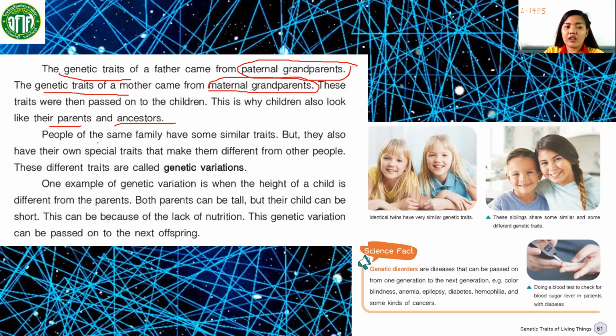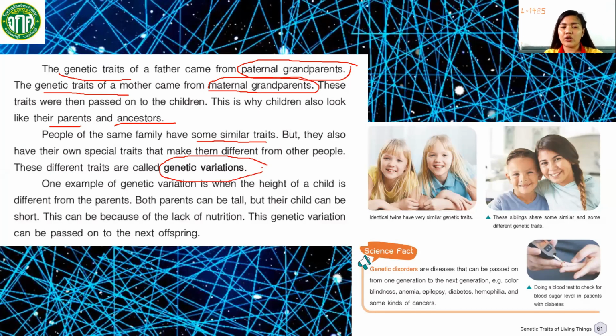People of the same family have some similar traits, but they also have their own special traits that make them different from other people. These different traits are called genetic variation.